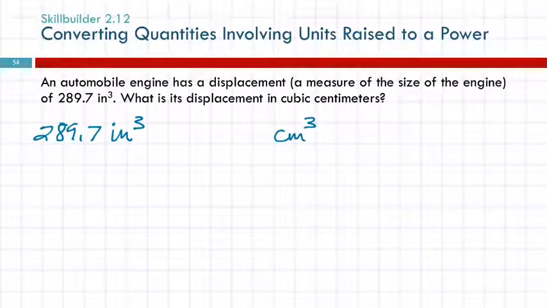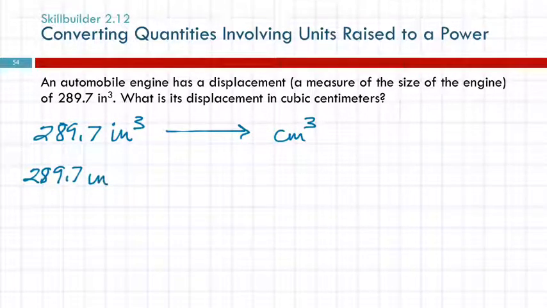When you're making this path, at first, just put aside the cube. Do we know a relationship between inches and centimeters? Yes. If we can do inches to centimeters, we can do cubic inches to cubic centimeters. So this is just going to have one step. So 289.7 cubic inches times, and here's our fraction, equals.